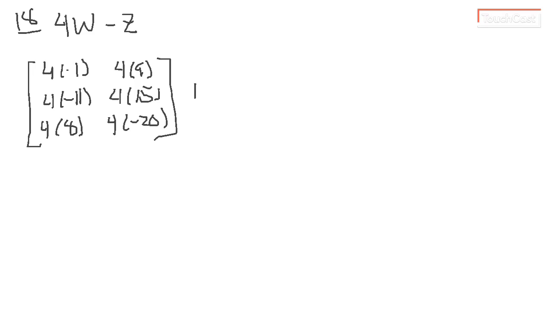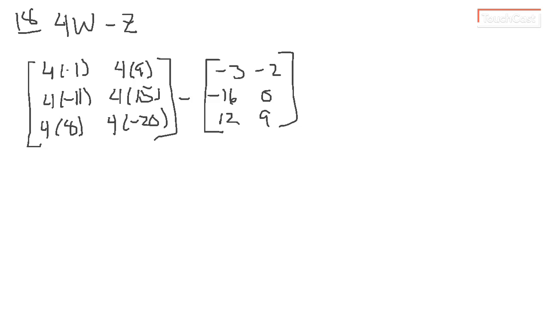Then we're going to subtract from that z, which is negative 3, negative 2, negative 16, 0, 12, 9. So let's do the multiplication.